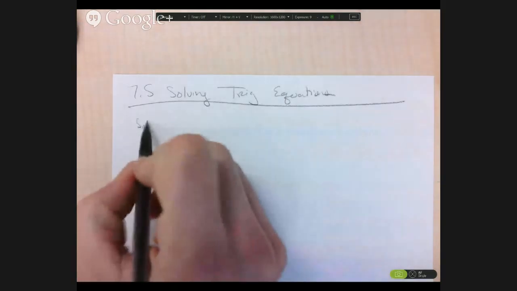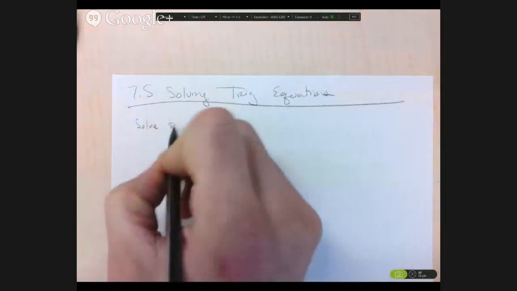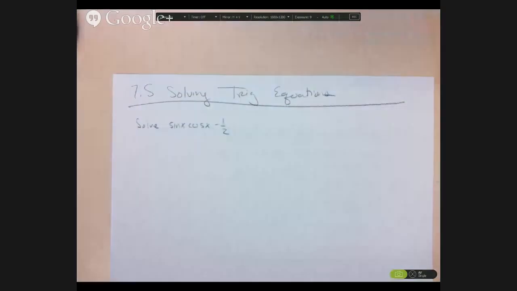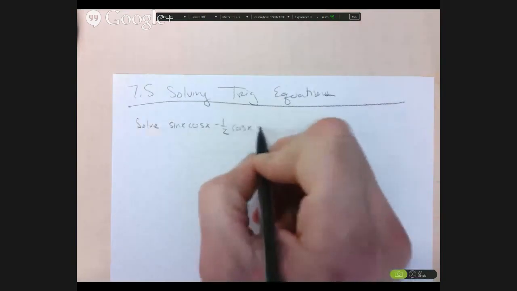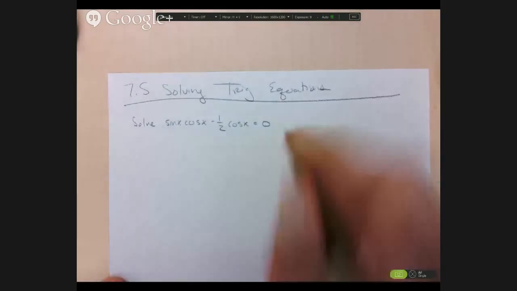So solve sin x cosine x minus a half cosine x equals 0, for principal values of x.